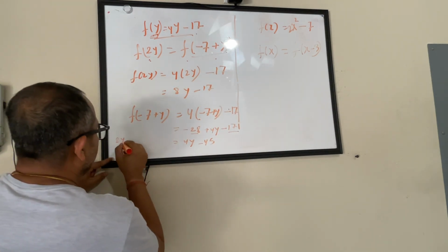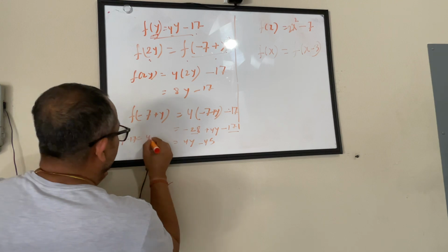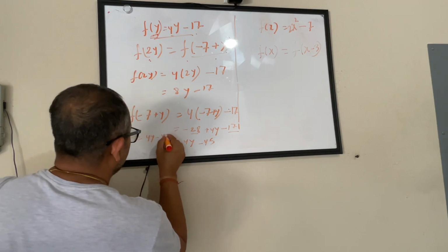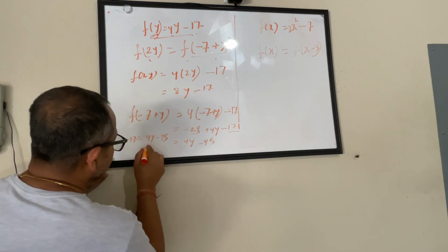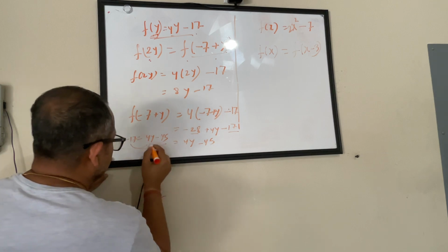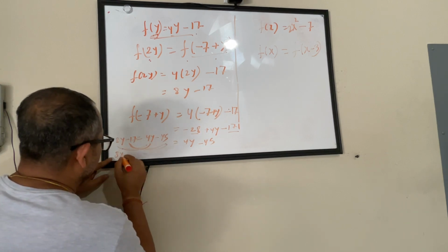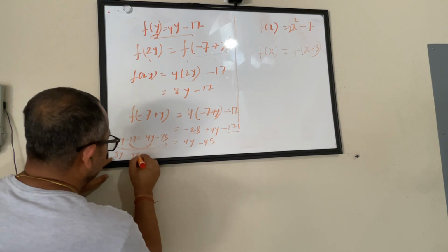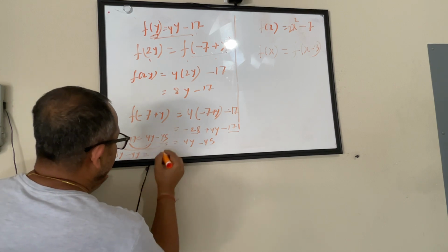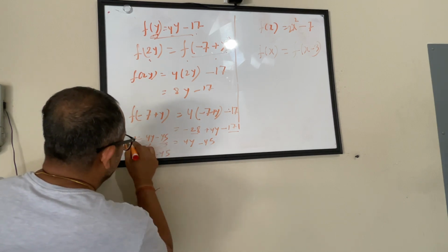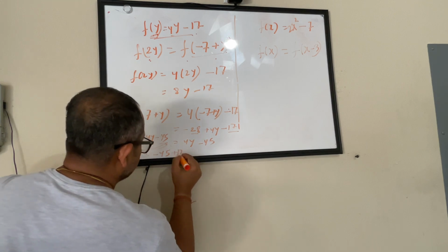I put all the y's on one side, all the numbers on the other side. So I'll bring y here, move this guy to that side. So it becomes 8y minus 4y equals minus 45 plus 17.